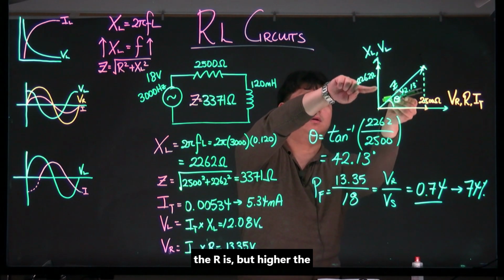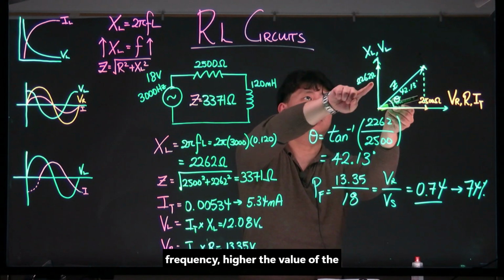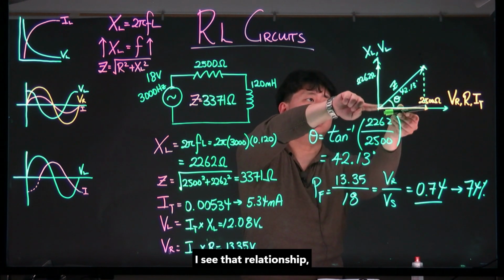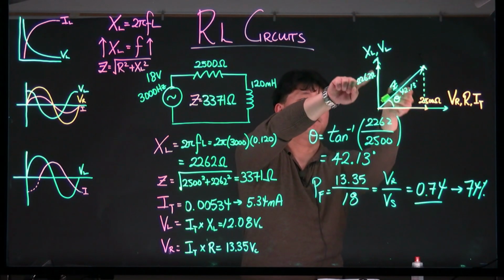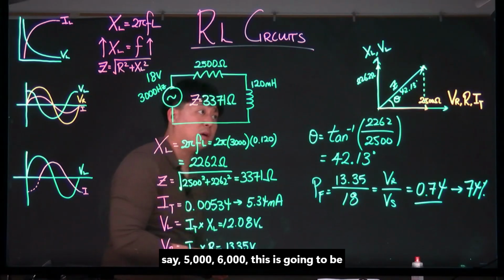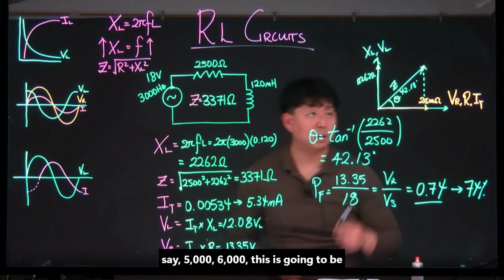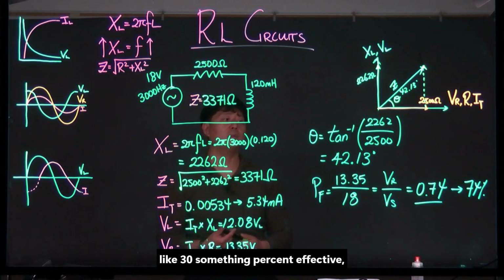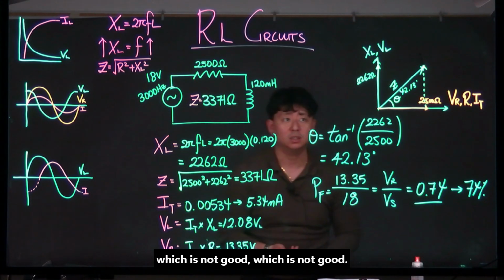But the higher the frequency, the higher the value of the reactance for an inductor. Okay, see that relationship? If I went up to, let's say, 5,000, 6,000, this is going to be half the efficiency of that. It'll be like 30-something% effective, which is not good.